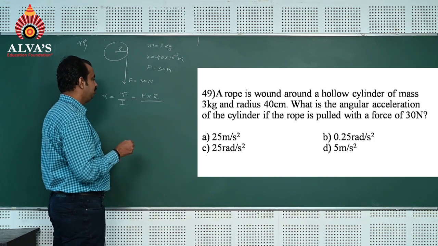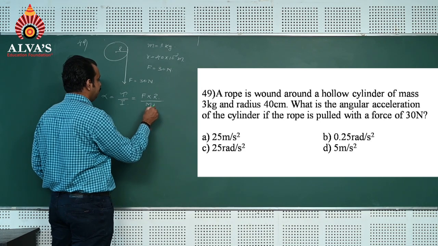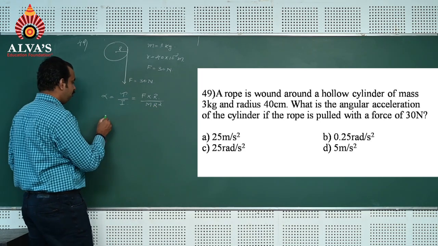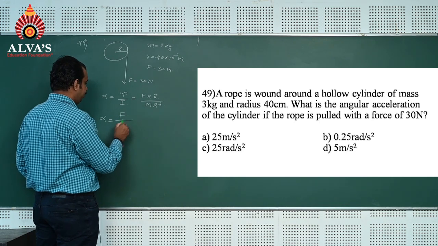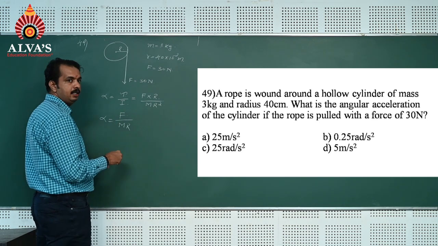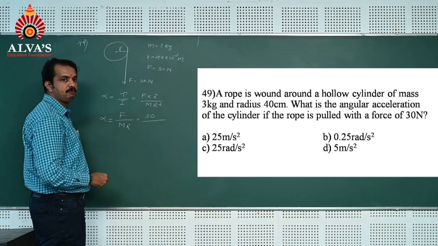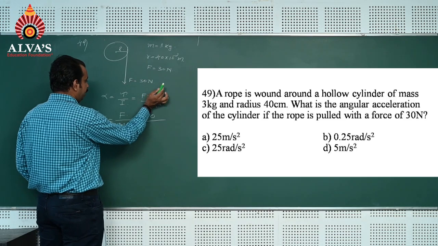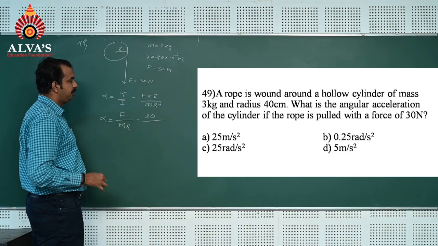Moment of inertia of hollow cylinder is equal to moment of inertia of ring, that is mr square. So alpha is equal to, R gets cancelled, F divided by m into r. F is 30 Newton, M is the mass of the circular ring. So here we can take mass as small letter m.